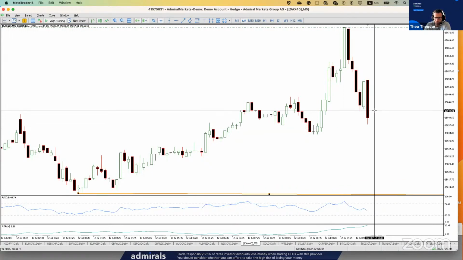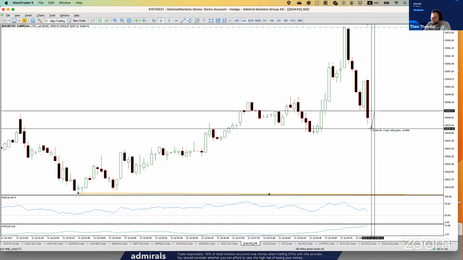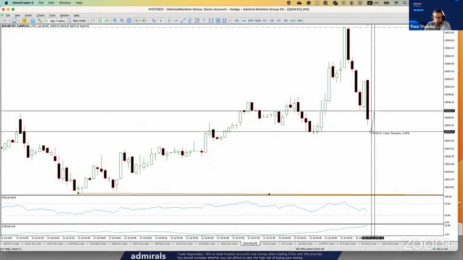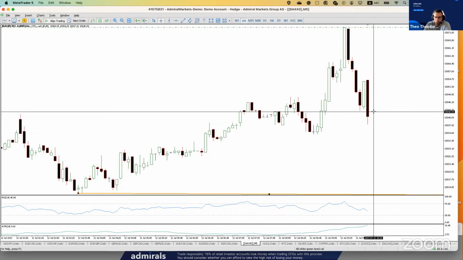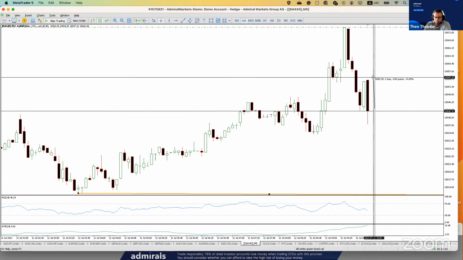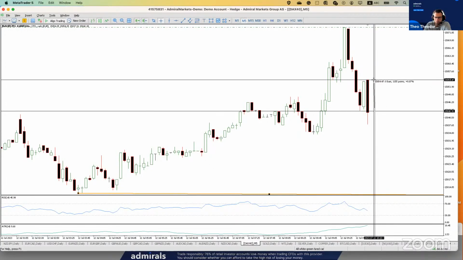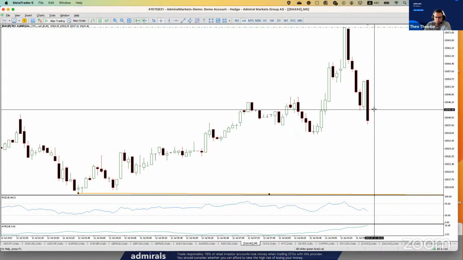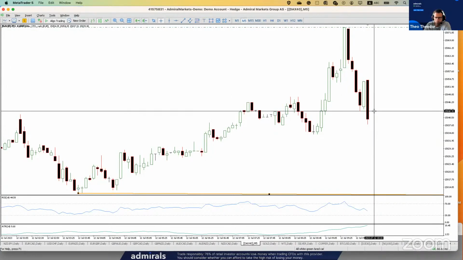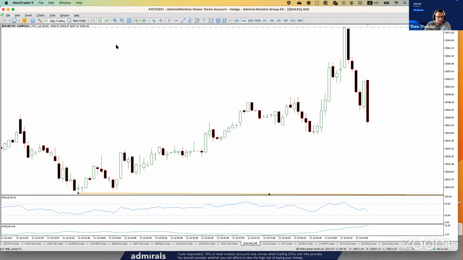If we are short on this one here, ideally, we would like to put the stop loss above this high.